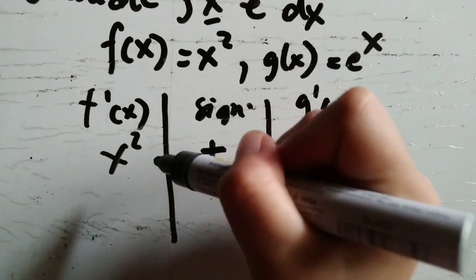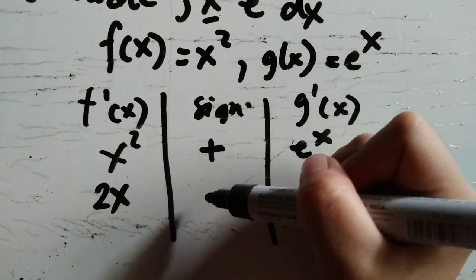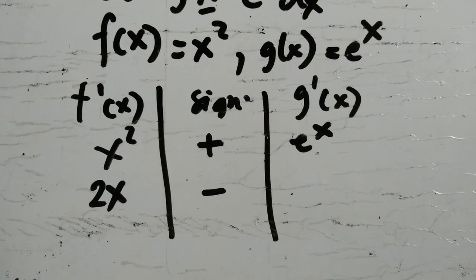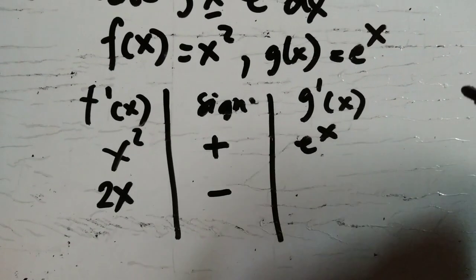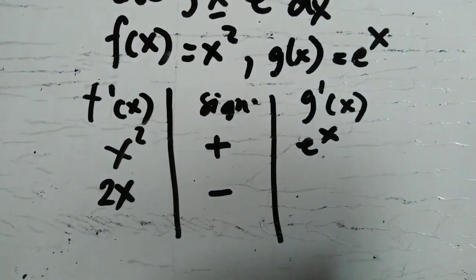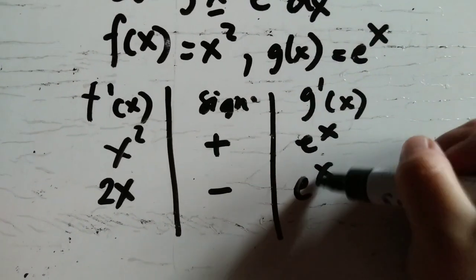So the derivative of x squared is 2x. Then minus, the sign will alternate. Then the antiderivative of e raised to x is e raised to x.